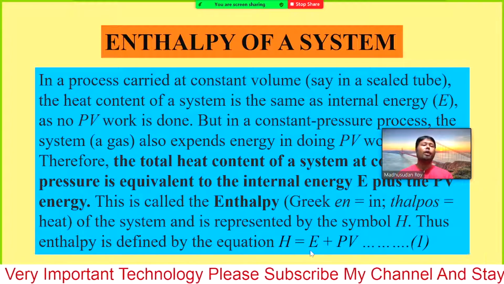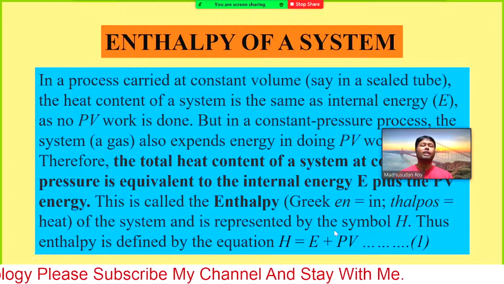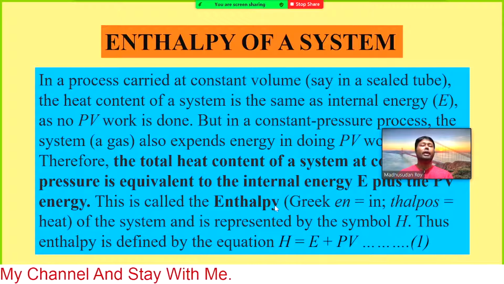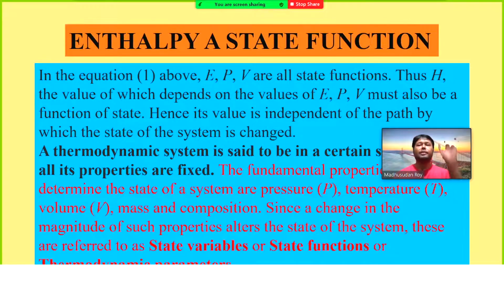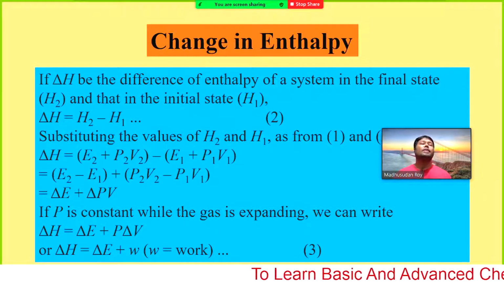So, any quantity or parameter that depends on state functions will definitely be another state function. So, enthalpy is a state function. Okay. Now, how can we calculate the change in enthalpy?